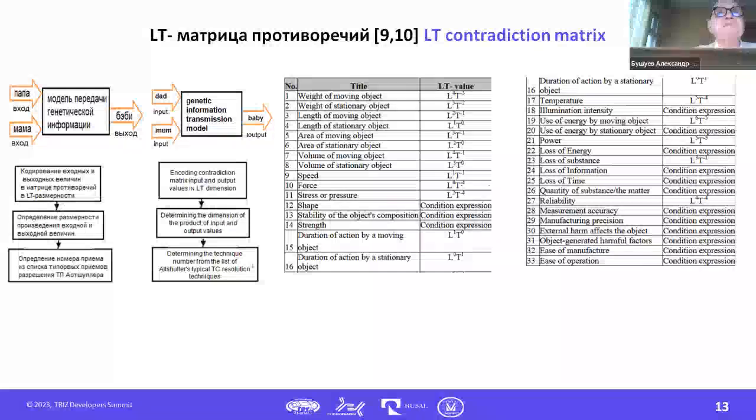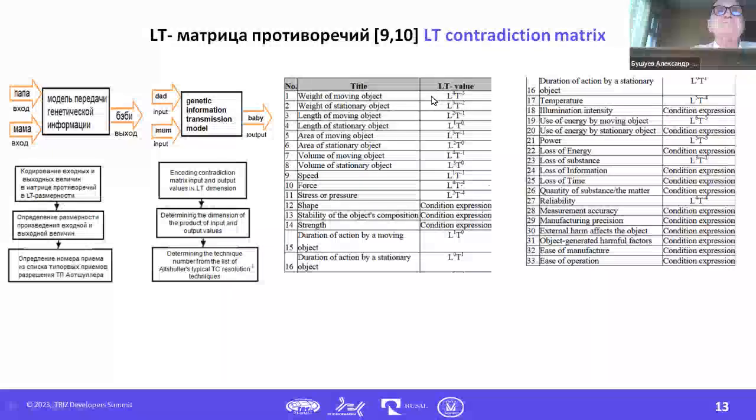And what was actually proposed here? We make a matrix of usual approaches, like the matrix of Altshuler, and also what Professor Reich did. In Altshuler, there is the weight of moving object, stationary object, and also length of moving object and stationary object.